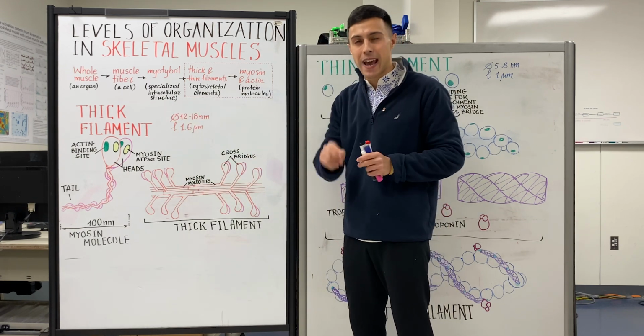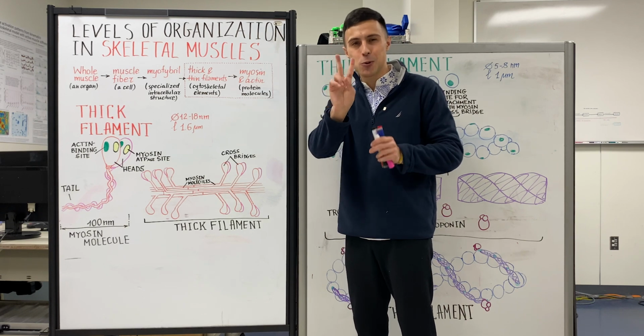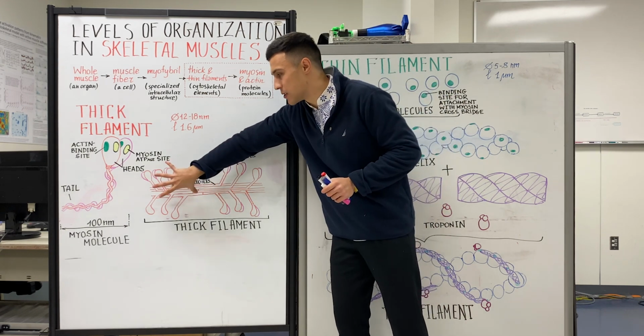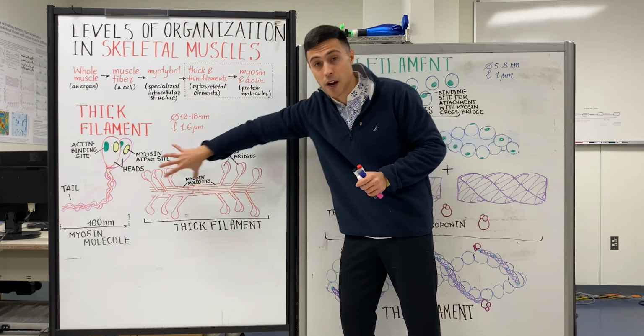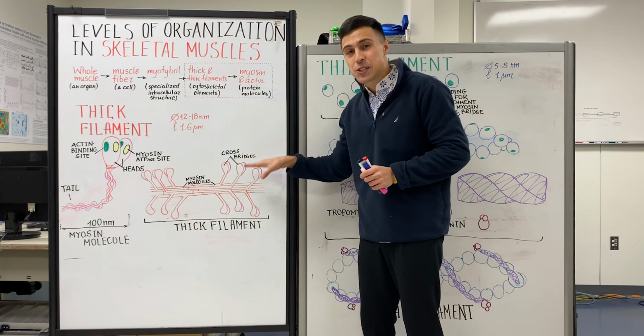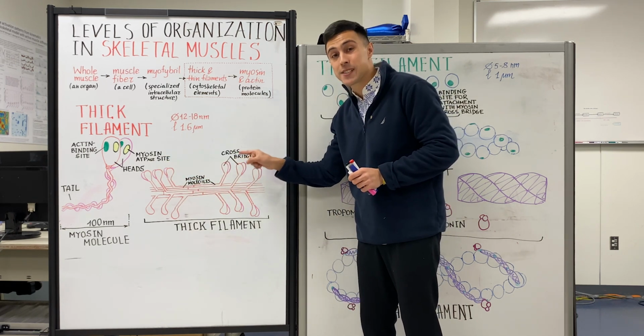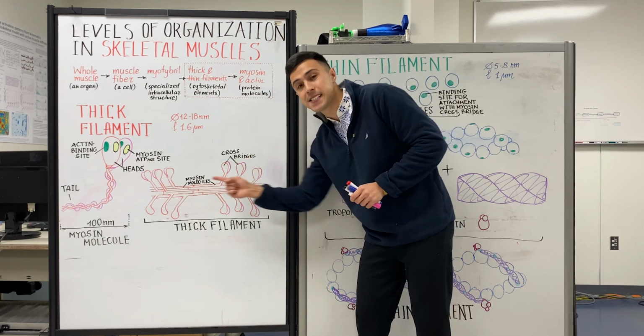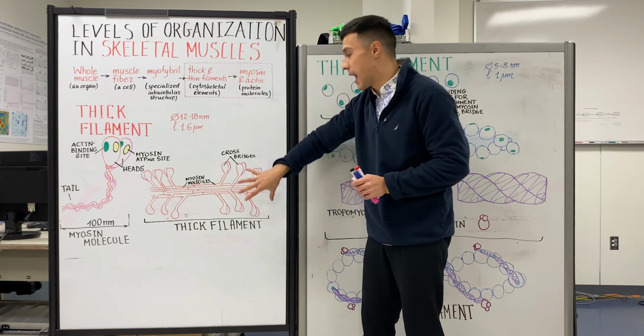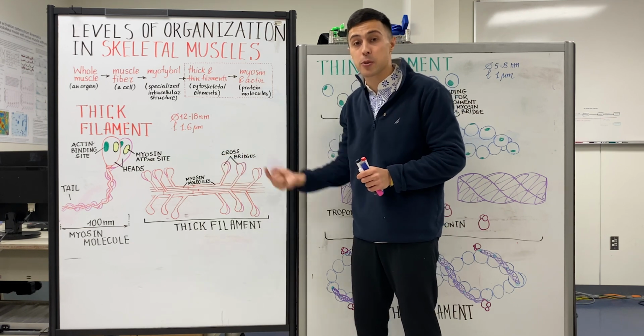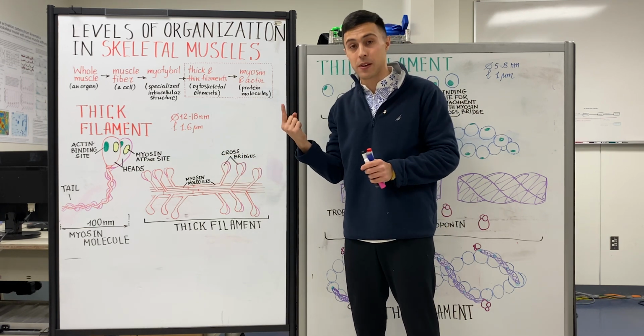So the thick filament has two halves or two distinct regions, which are just mirror images of each other. In each region, the myosin molecule's tail is pointing to the center of the thick filament, and the heads are protruding outwards from the thick filament.